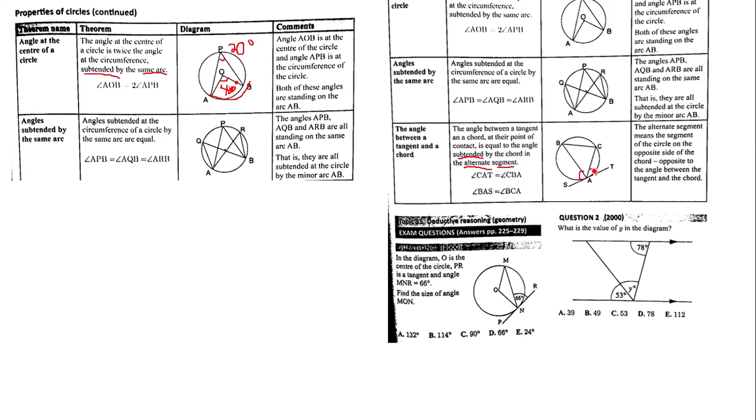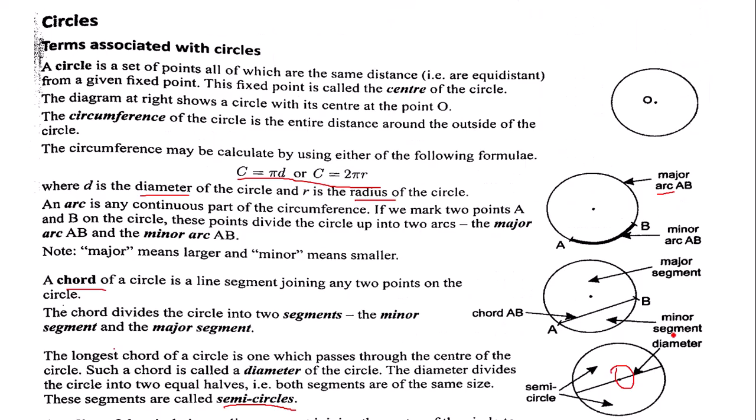This angle formed between a chord and a tangent is equal to the angle held up by the chord in the alternate segment. Remember, a segment is formed by a chord which connects 2 points on the circumference, so we have a minor segment and a major segment. So let's go back there.